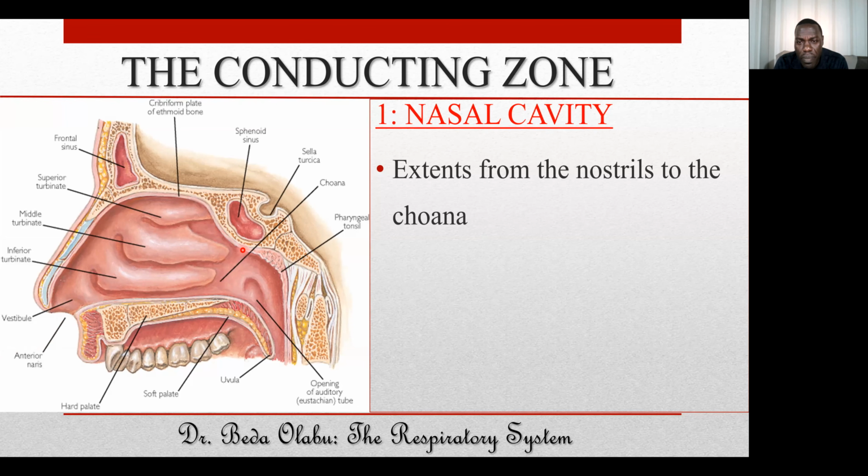There's a septum that separates the nose into two cavities, the right and the left nasal cavity. The key purpose of the septum, apart from just separating into two cavities, is to increase the surface area over which air conditioning can take place, because it is a thin septum.